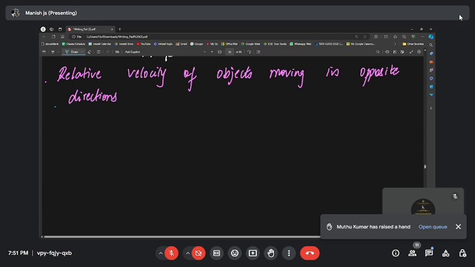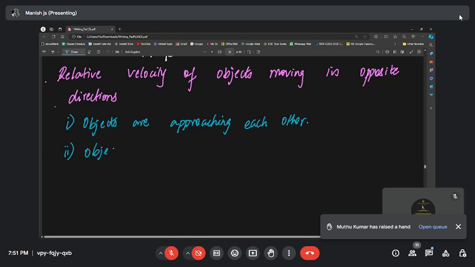You can analyze this in two different ways. The first way is when objects are approaching each other. Second is when objects are moving apart from each other. So these are two different ways of looking at this concept.